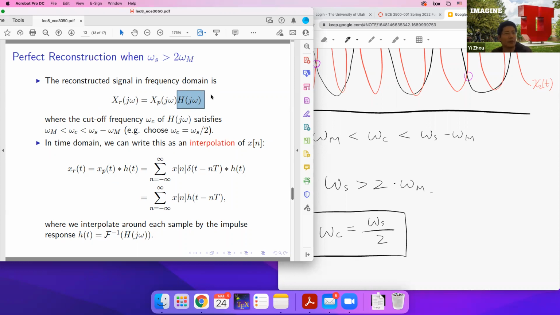You do an inverse Fourier transform, figure out the corresponding h(t), and then this multiplication becomes convolution in the time domain. So this would be the low-pass filtering equation corresponding to the time domain.